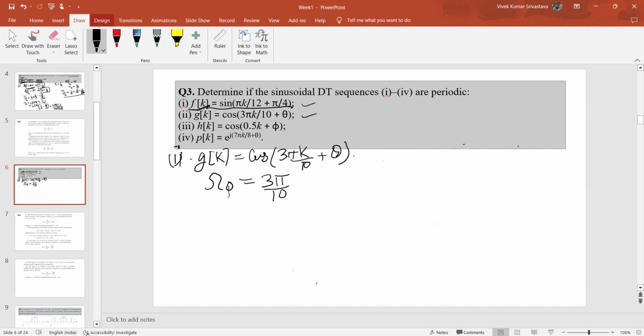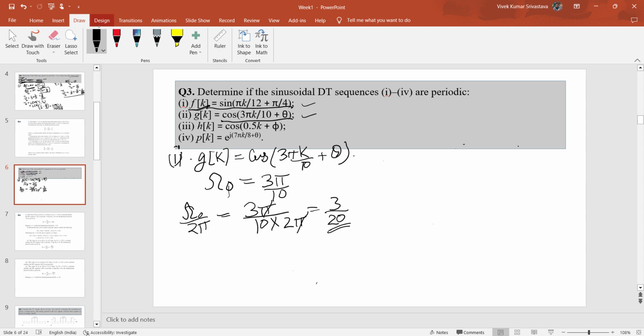Now we will check the condition, that is rho naught over 2 pi. This will be equal to 3 pi by 10 into 2 pi, which is equal to 3 by 20. This represents a rational number, so we can say that this signal is a periodic signal.